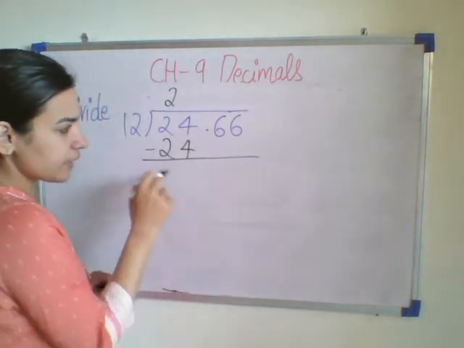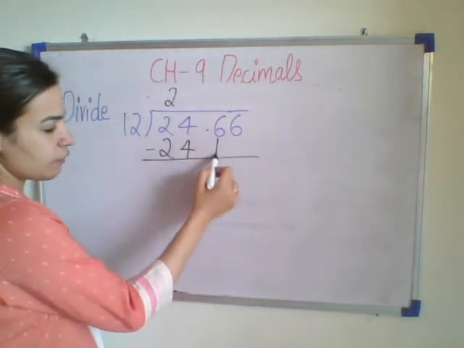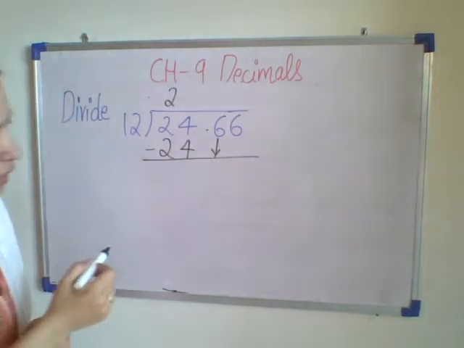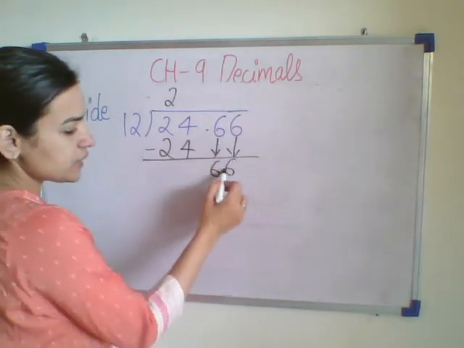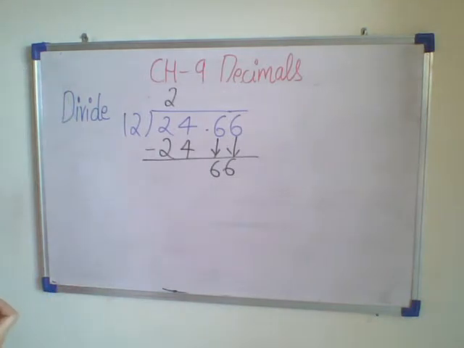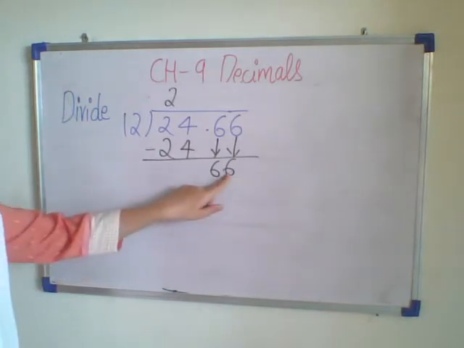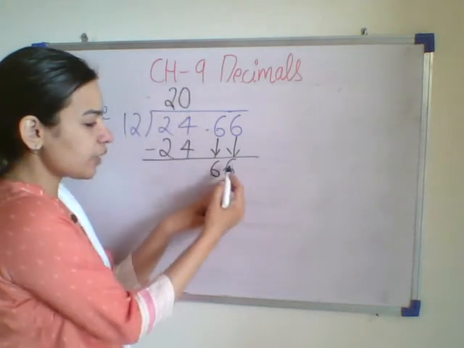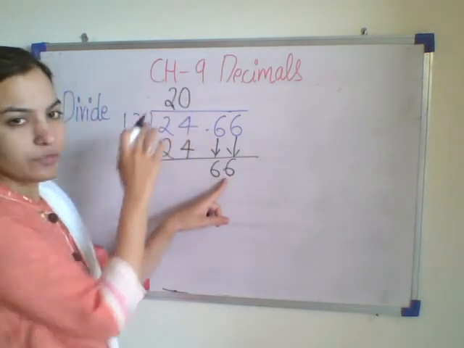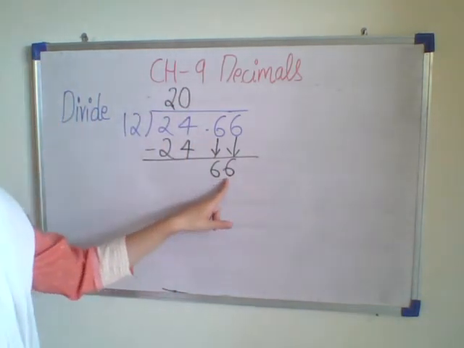Subtract this, we will be getting 0. Then we will be carrying down the 6, as 6 is smaller, so we will be carrying down the 6 also. When we carry down the 6, we will be putting a 0 in the quotient.